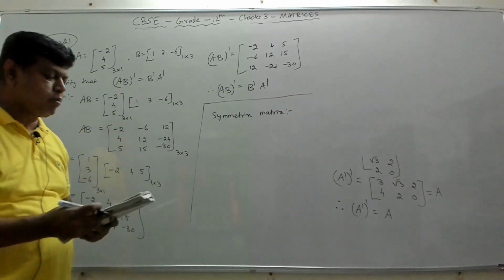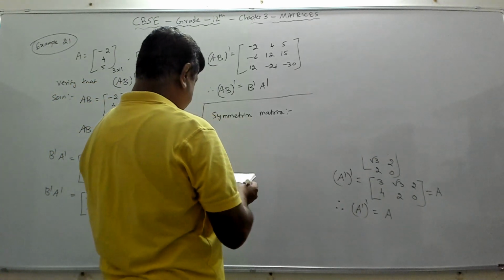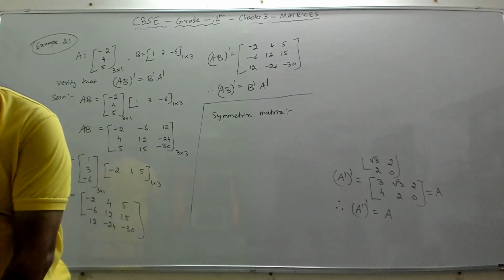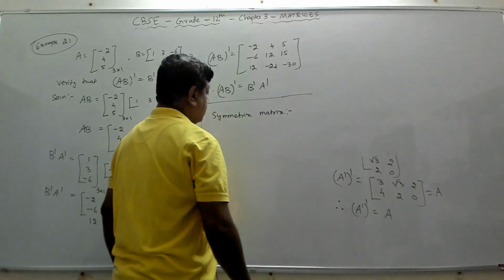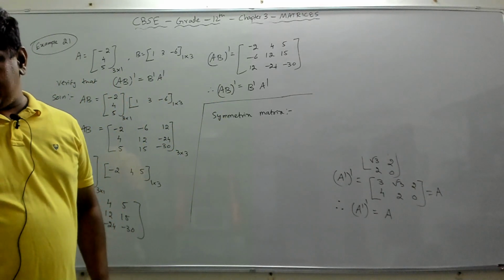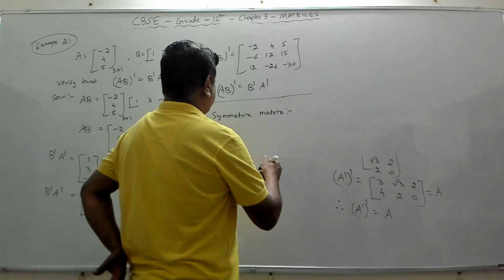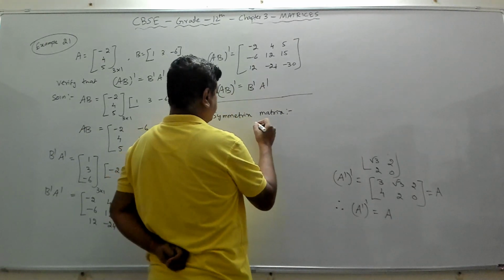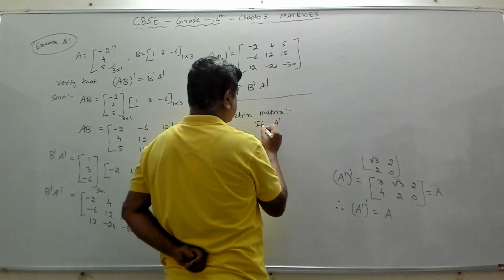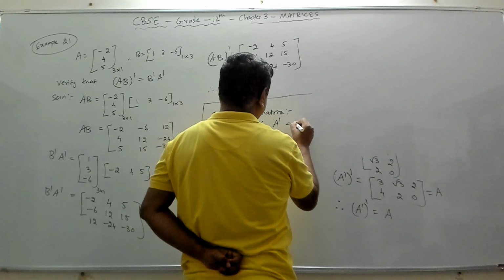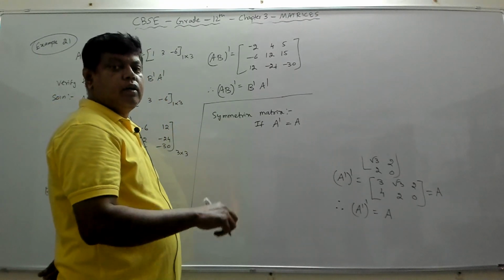It's there on page number 85 of your textbook. It says a matrix A is said to be a symmetric matrix if A transpose equal to A. So we call a matrix symmetric if the transpose of the matrix is the same as the given matrix.